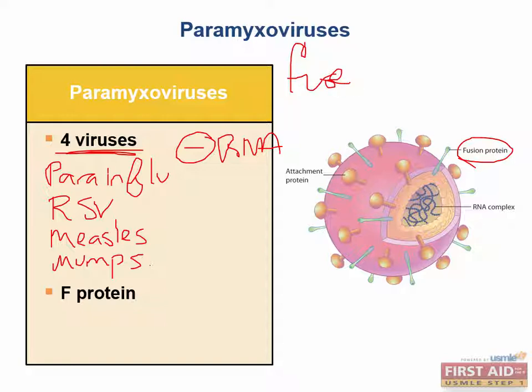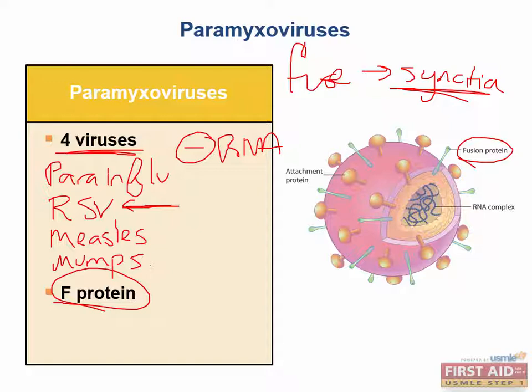These multinucleated cells are called syncytia. And this is why RSV is called respiratory syncytial virus. If we remember that RSV is a paramyxovirus, we can remember that all paramyxoviruses form syncytia, which are multinucleated fusions of cells that form because of this unique F or fusion protein.